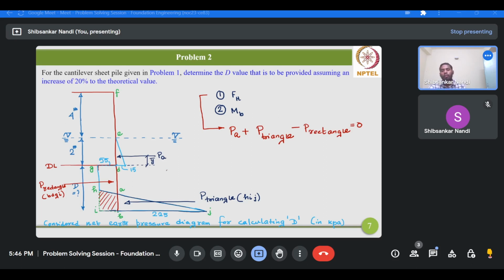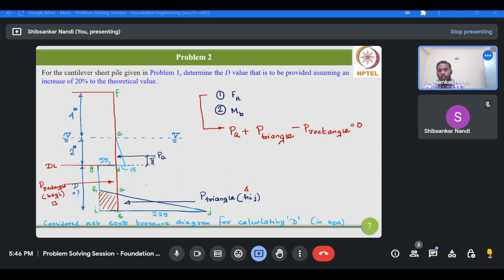So one is the resultant active earth pressure, one is P triangle, triangle in the sense HIJ, and the rectangle is BDGI. So therefore this will be the force equilibrium equation for the horizontal direction: PA plus P triangle minus P rectangle equals 0.